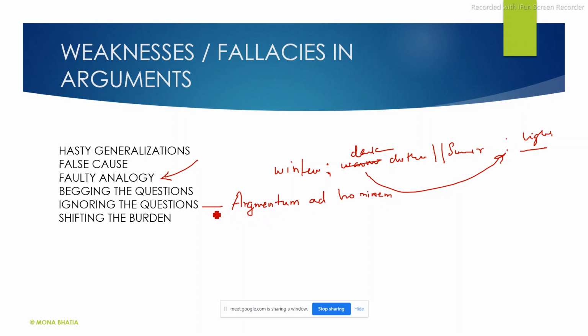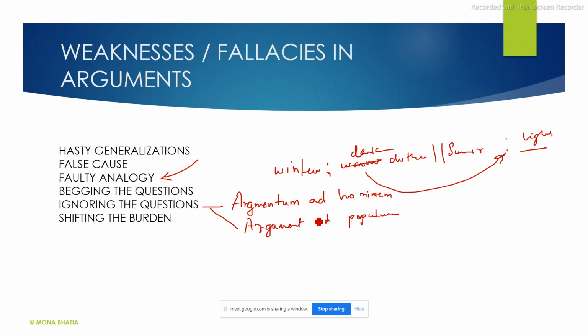And its opposite is another one, argumentum ad populum. Okay. What is that? Now these are two important things. That means you are ignoring the question. You are shifting the focus from the topic of discussion to something that is not related.